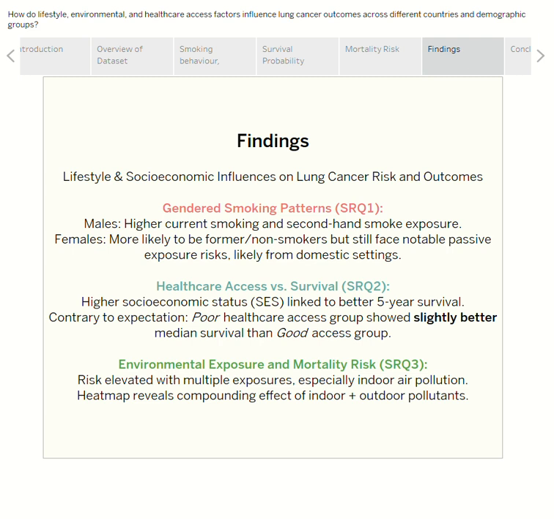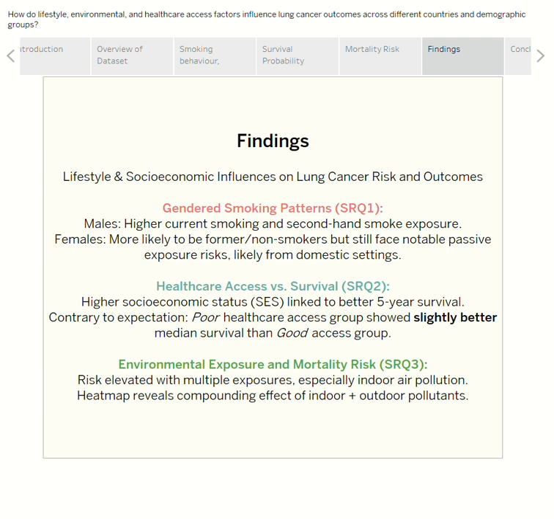We found that males are significantly more likely to be current smokers and exposed to second-hand smoke, while females are overrepresented among former and non-smokers.